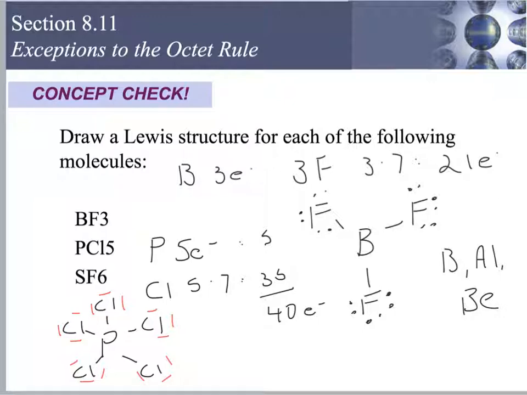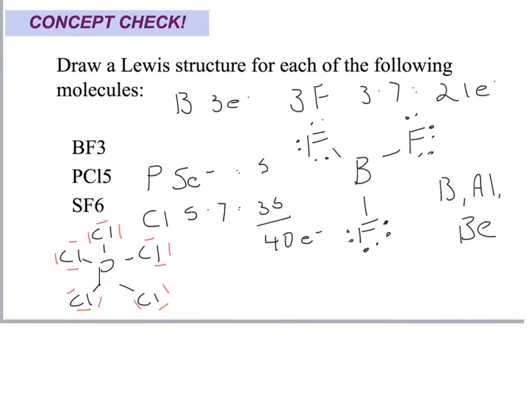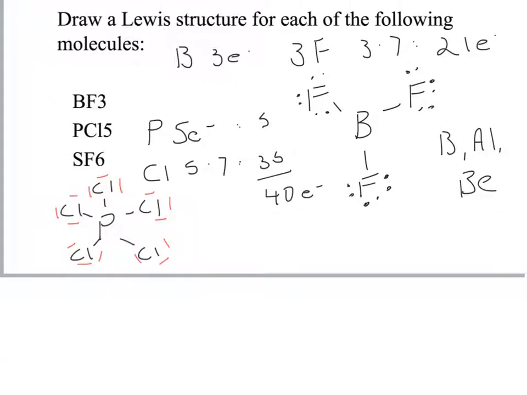And then if you go through the process with SF6, let me just try to show you that one. I'm not going to do the whole thing, but let me move this up like that. So SF6 would end up looking like this.